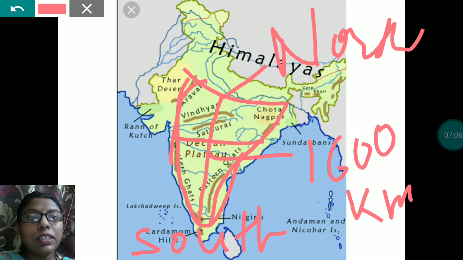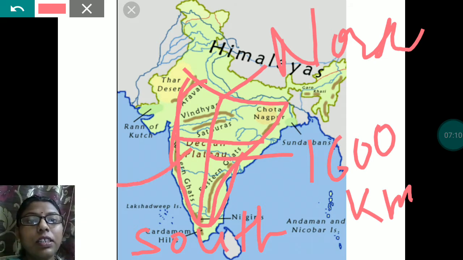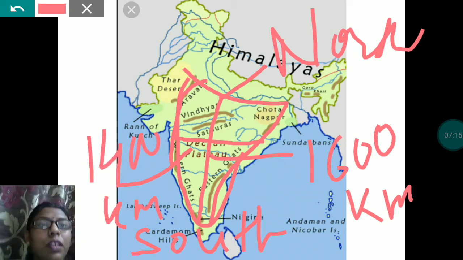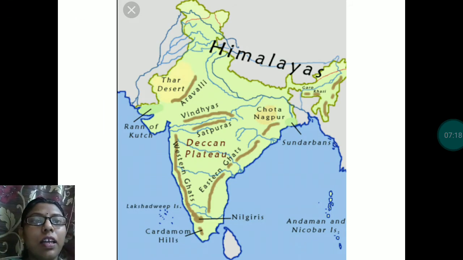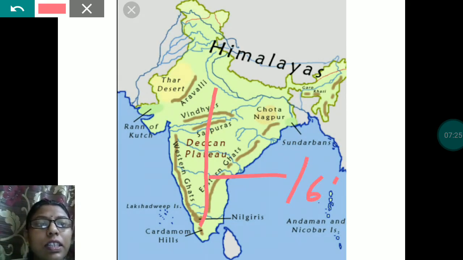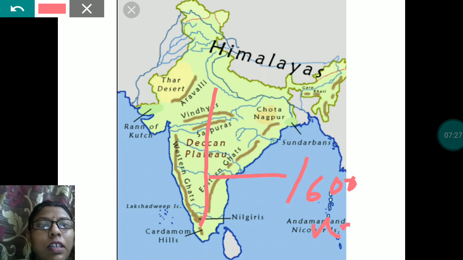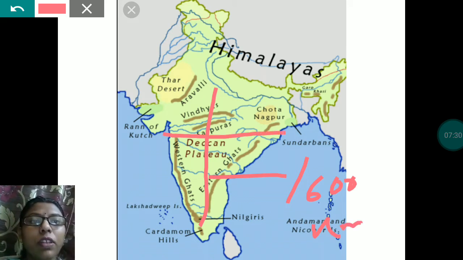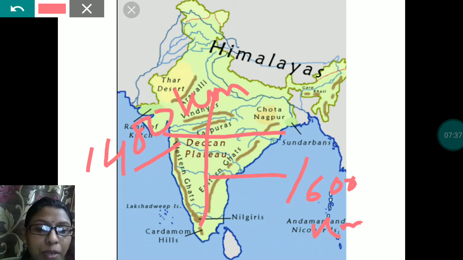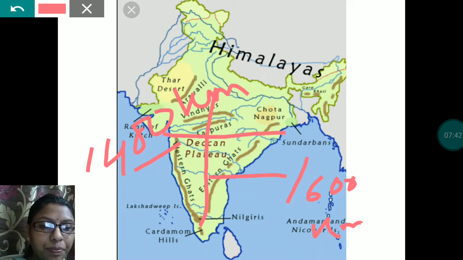The east to west distance is breadth. So its length is 1600 kilometers, and its breadth is 1400 kilometers. Clear? So it covers a very big part of our country.